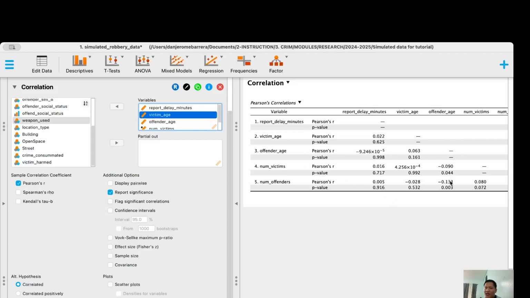How about offenders' age and number of offenders? The relationship is significant because the p-value is 0.003, and the relationship is negative because it is negative 0.133, which means that if offender's age increases, number of offenders decreases.